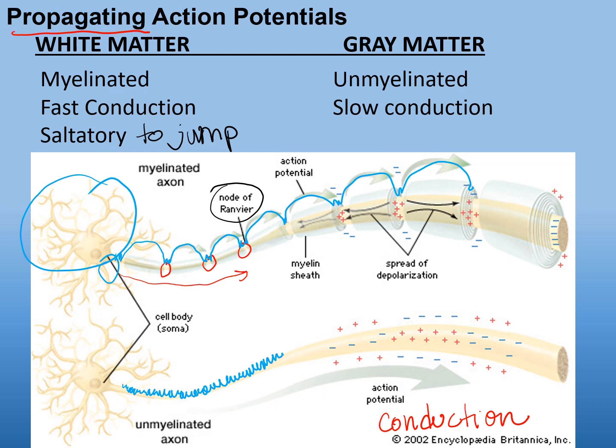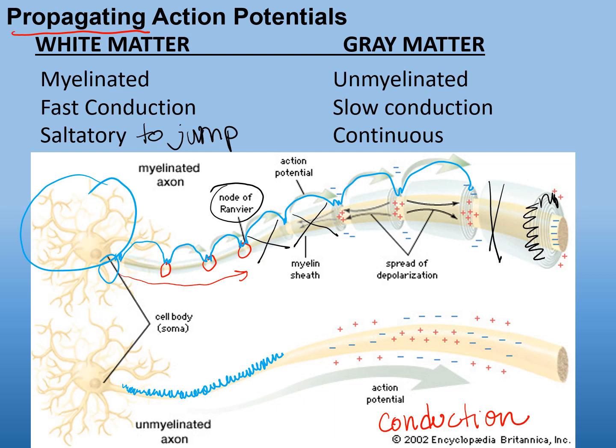So gray matter has very slow conduction, and this is what is called continuous, because we're not jumping from node of Ranvier to node of Ranvier. This is what we can relate to multiple sclerosis. In diseases like multiple sclerosis, the myelin sheath here starts to get broken down. And in some places, the myelin sheath can be degraded completely. So maybe this sheath is gone. Maybe this sheath is gone.